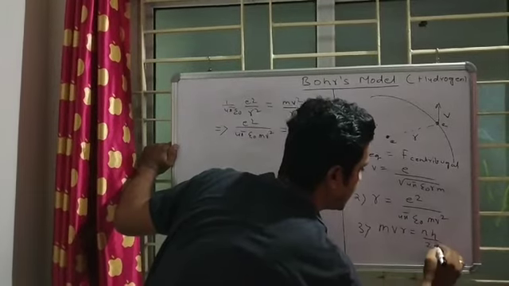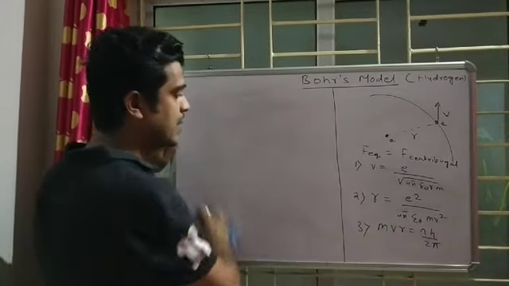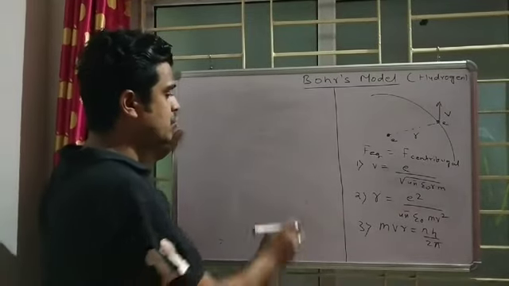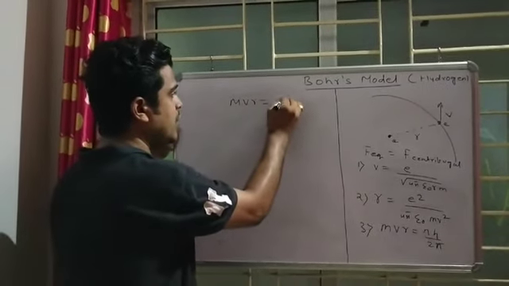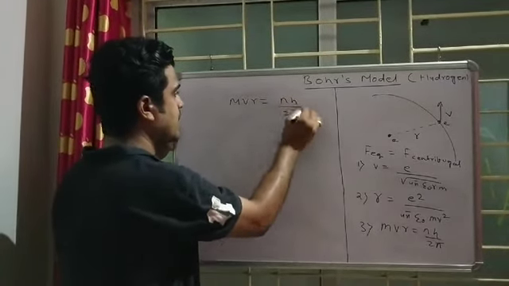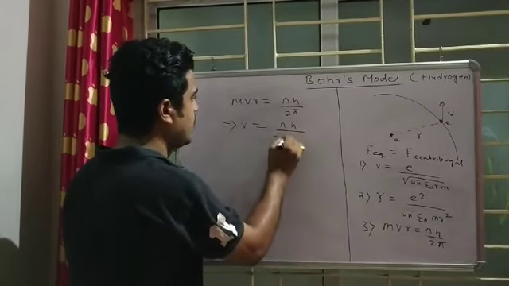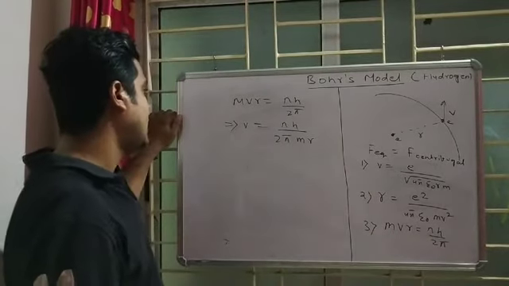Now here is the catch. To derive the velocity and radius, you have to use this third equation. So write like this: mvr equal to nh upon 2 pi. So take v equal to nh upon 2 pi m r.